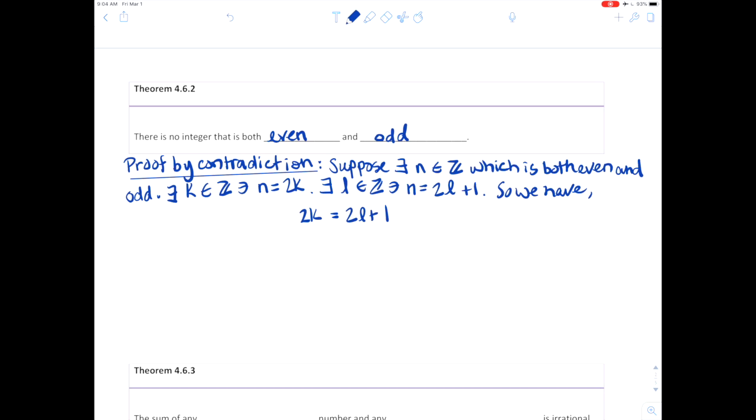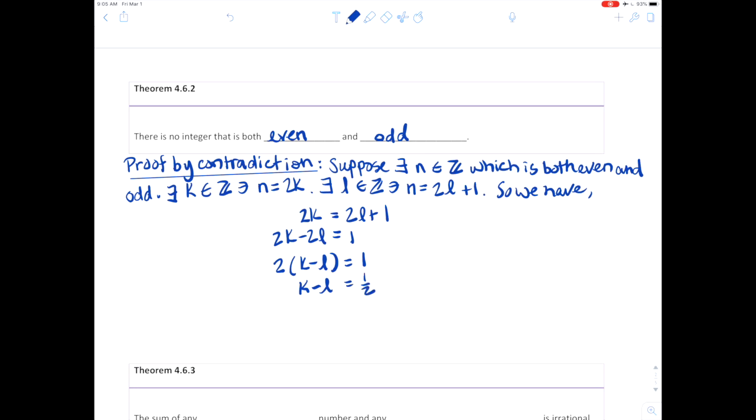So if we isolate the 1, so subtract 2l from both sides, we would get 2k minus 2l is equal to 1. And then factoring out a 2, we would get k minus l remaining, and that's equal to 1. And then isolating k minus l, we would get 1/2.